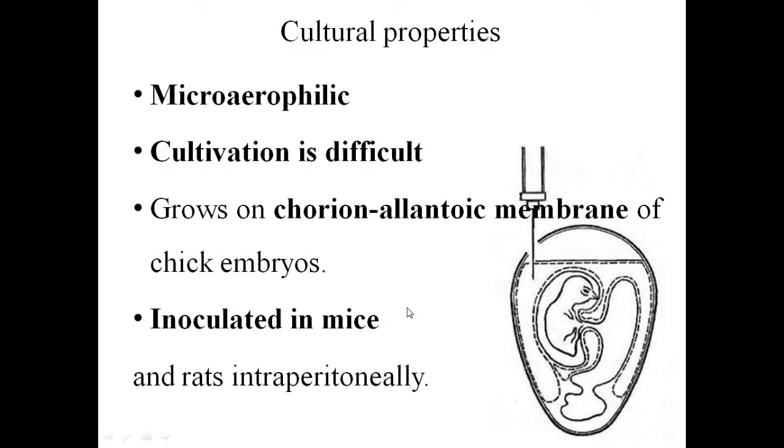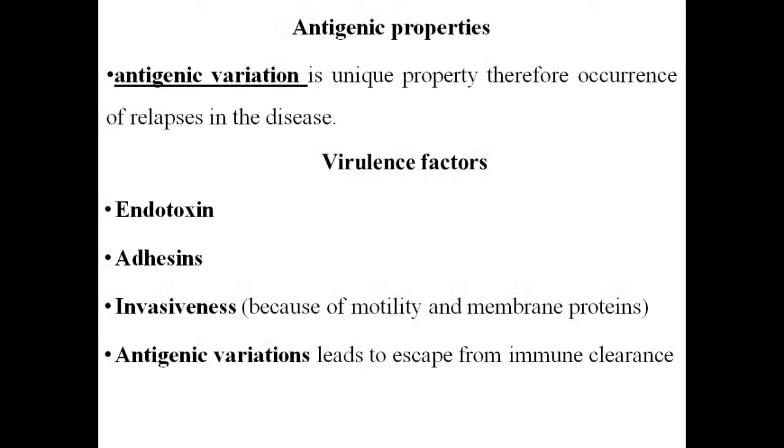And we also can inoculate this bacteria into animals, in mice or rats, intraperitoneally, in abdomen. Fermentative properties. They are not active in fermentation, because they are not cultivated in nutrient media. We can't study it.